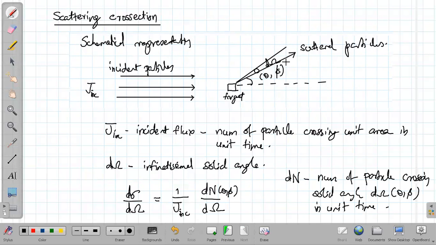So if you consider a small solid angle d omega at an angle theta phi, then how many particles are going through this solid angle in unit time? That is what is denoted by the symbol dn. So dn upon d omega divided by 1 by J_inc is called the differential scattering cross section.